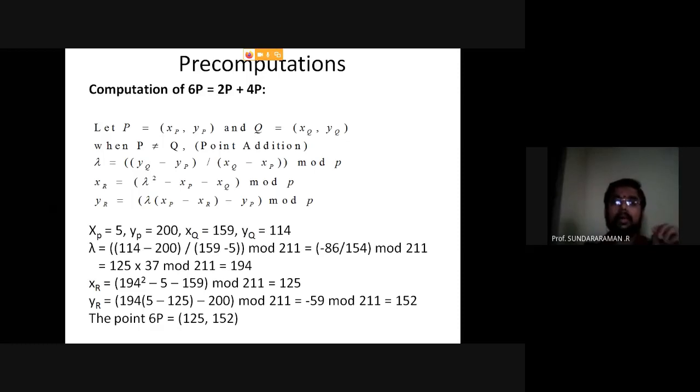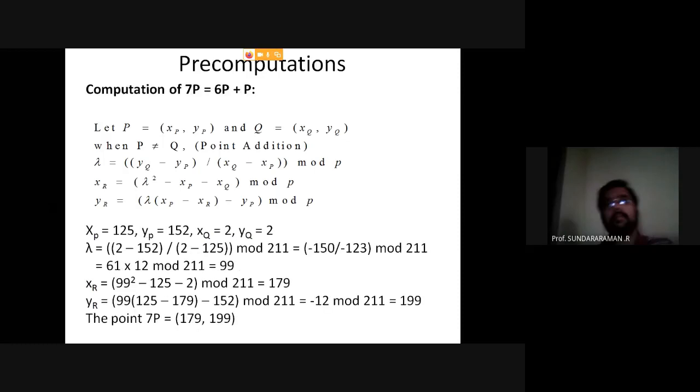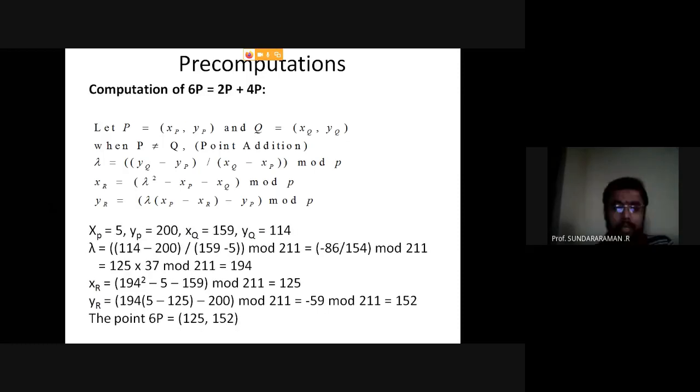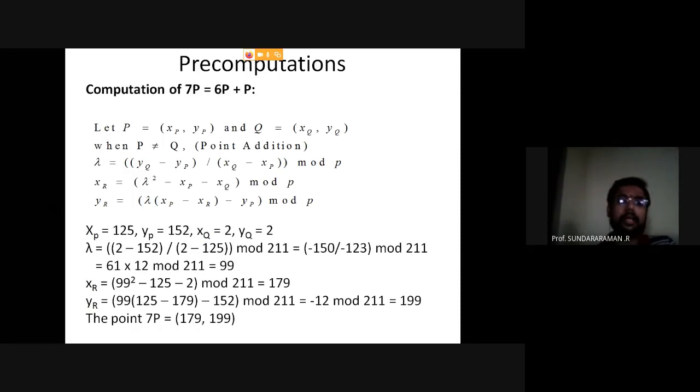So how can you compute 7P? 7P can be done by 4P plus 3P, or 2P plus 5P, or 6P plus P, right? Here I have done 6P, so I will add 6P plus P. Again one more computation. So 6P is 125 comma 152. I'm going to use it here.